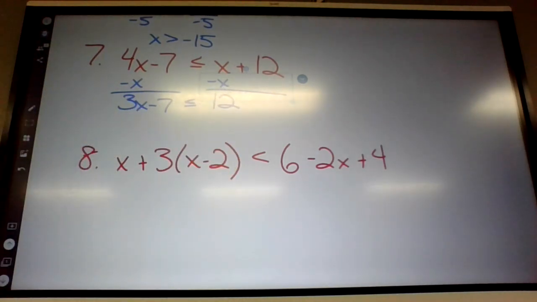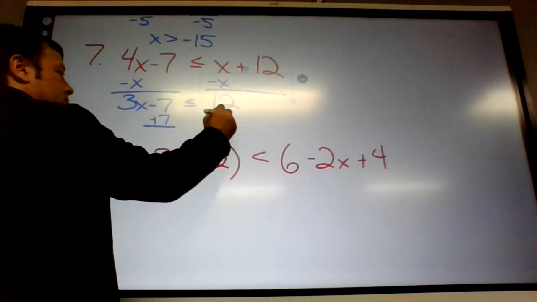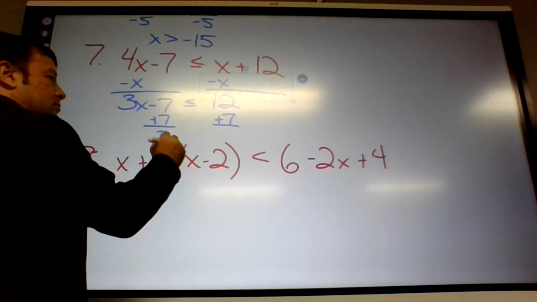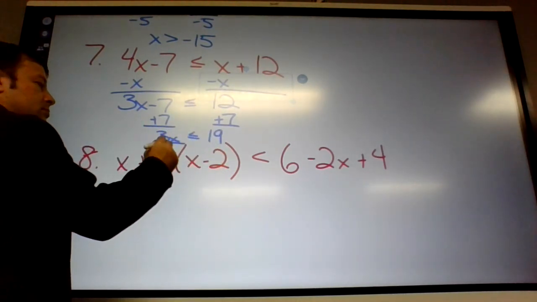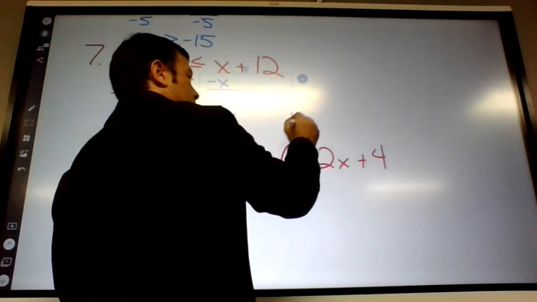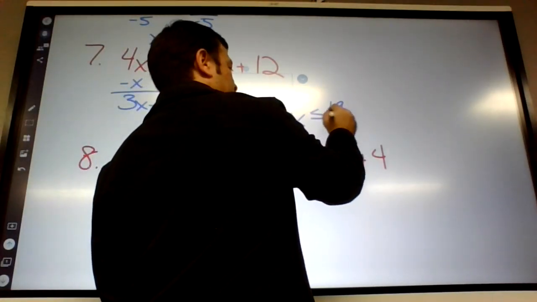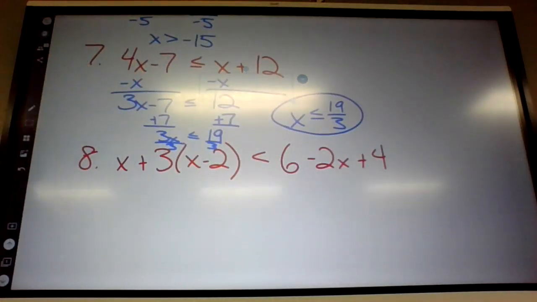And you're gonna add 7 to both sides. And then you're gonna divide by 3, but you're going to get a fraction. 19 divided by 3 is just 19/3. Does not reduce.